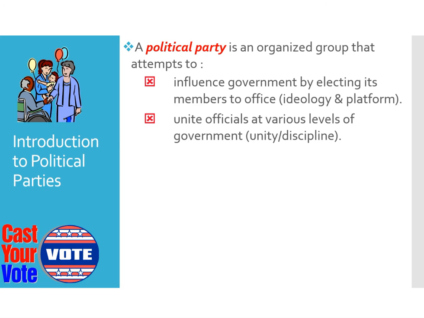Political parties also unite officials at various levels of government, what may be called party unity or party discipline. So if I elect a member of a political party to represent me in Congress, but that person doesn't talk with other members of Congress of similar mind, not just similar background, but similar policy stances, they can't form coalitions to pass legislation.